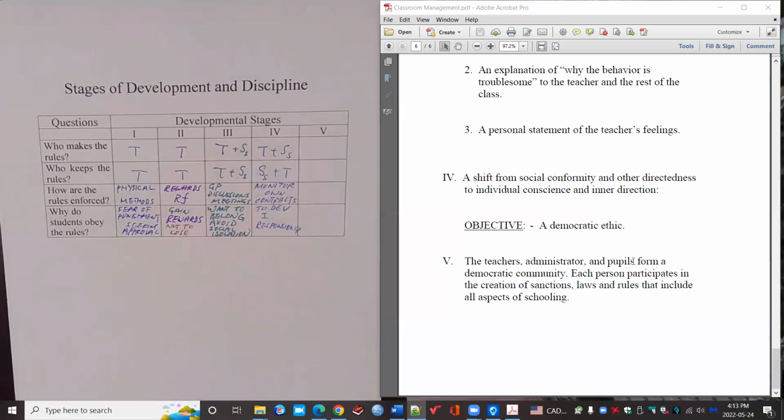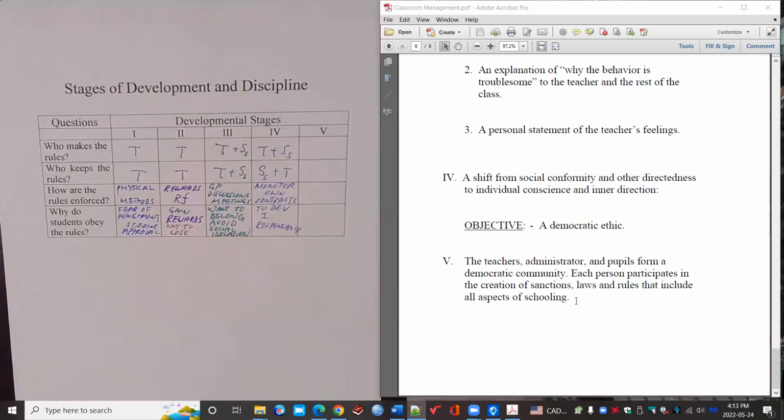Let's go to the last one here. Here, the teachers, administrator, and students form a democratic community. Each person participates in the creation of sanctions, laws, and rules that include all aspects of schooling.